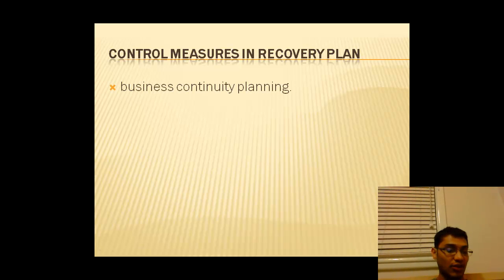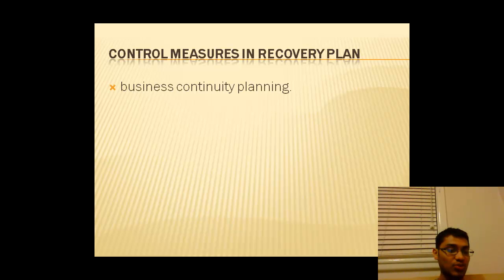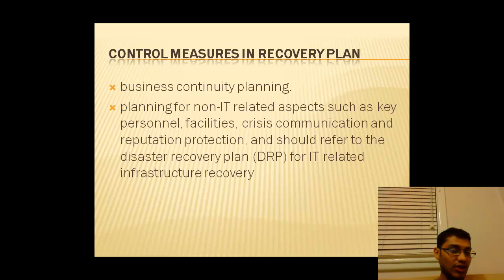Control measures in recovery planning. Control measures are the steps or mechanisms that can reduce or eliminate various threats for an organization. Different types of measures can be included in BCP and DRP. Disaster recovery planning is a subset of a larger process known as business continuity planning and should include planning for resumption of applications, data, hardware, communication, and other IT infrastructure.